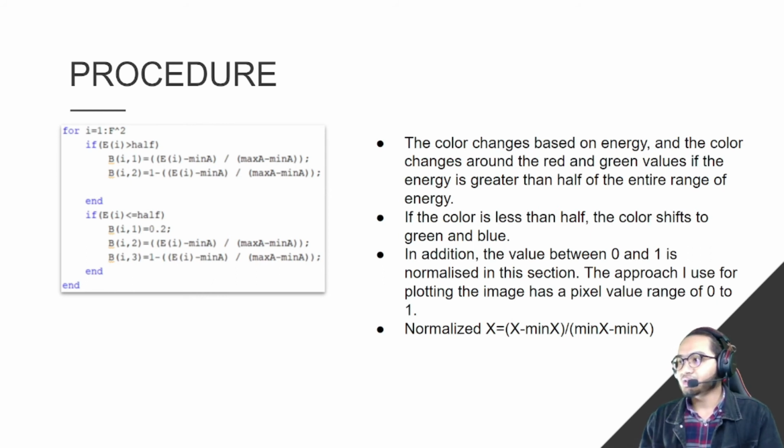The approach I use for plotting the image has a pixel value range of 0 to 1. This is the normalization formula: normalize x equals x minus min x divided by max x minus min x.